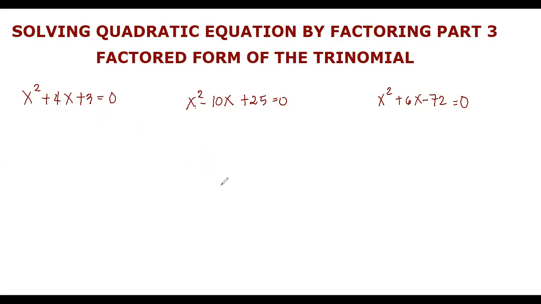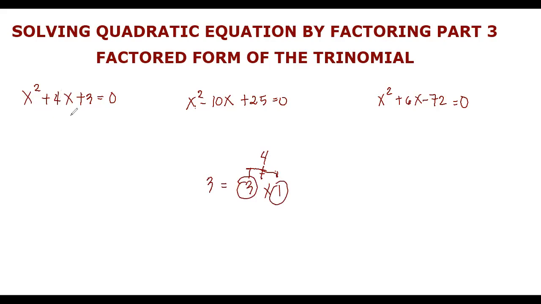Okay, very good. So 3 is equal to 3 times 1. If you add these two numbers, it will become 4, because 3 plus 1 is 4. Right? So these two factors are what we will use to factor out this trinomial.